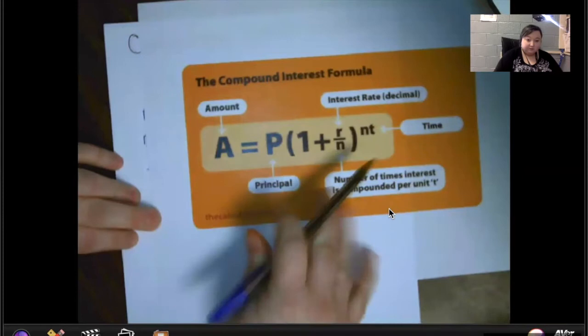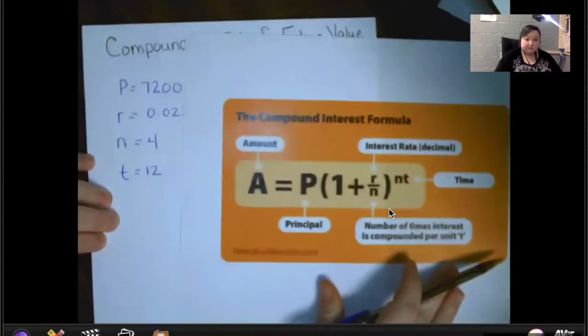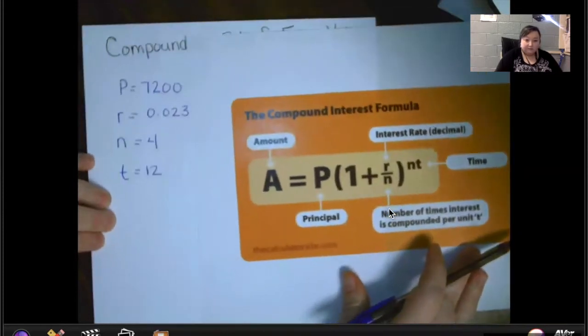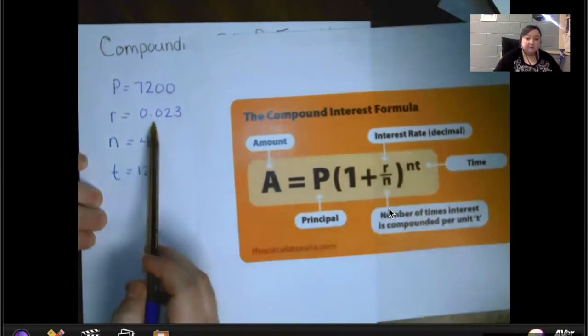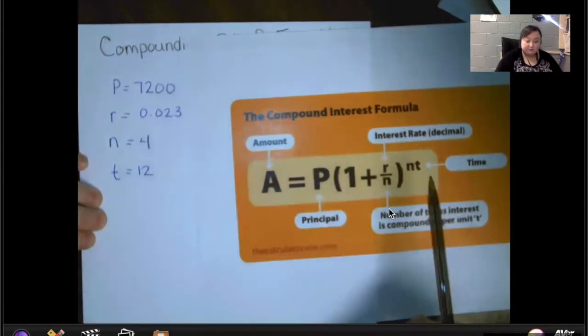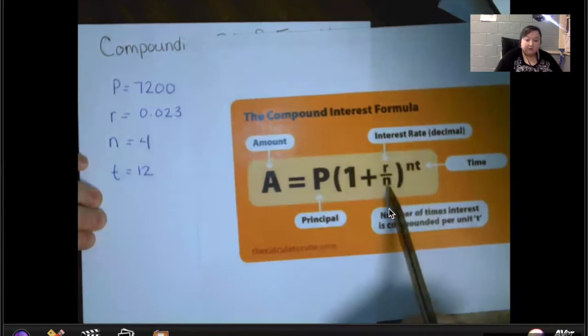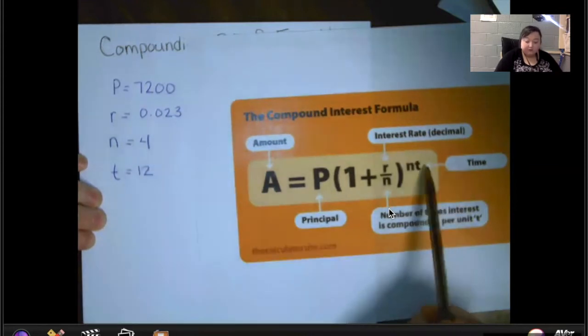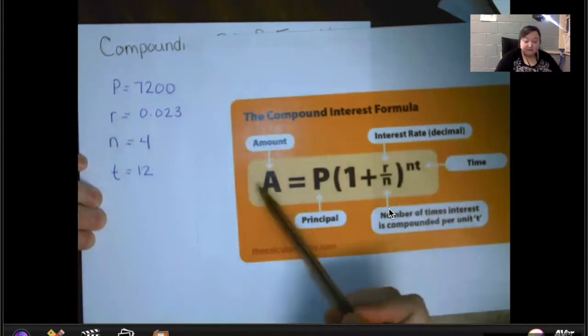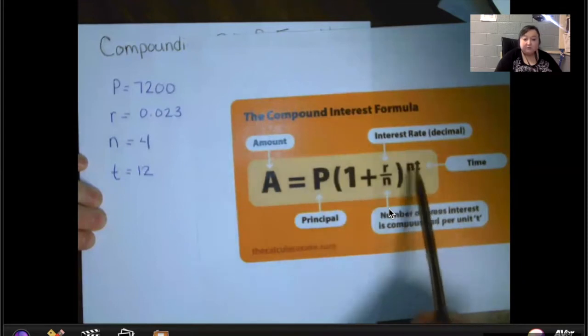We have our principal, so we know that that's $7,200. We have our rate was 2.3%, but again, as a decimal, it's going to be 0.023. It is compounded quarterly, so 4 times within the year. So our n value is 4, and we're going to look at how much money is in the account after 12 years.